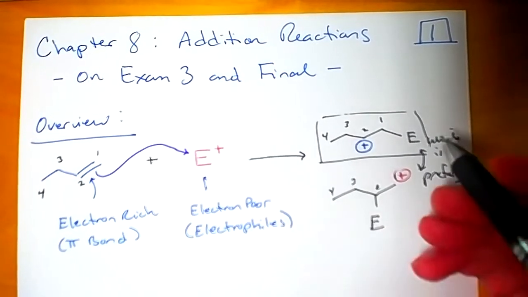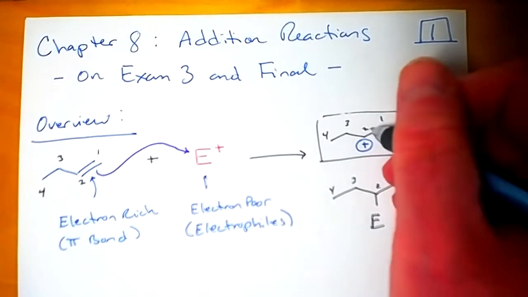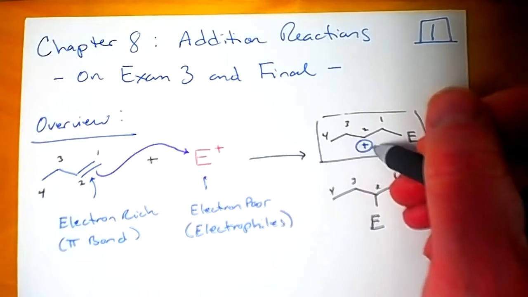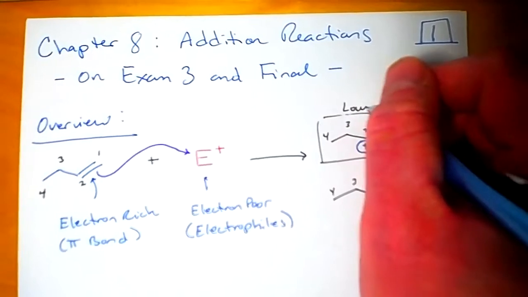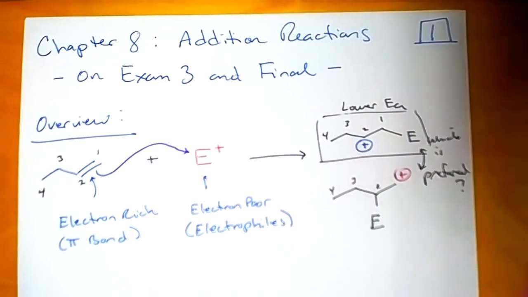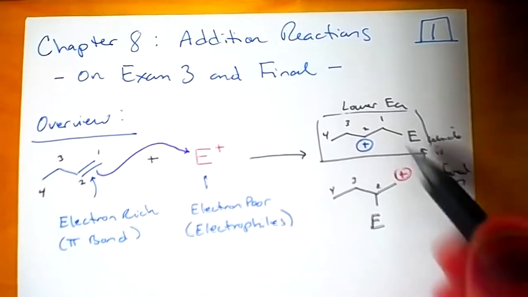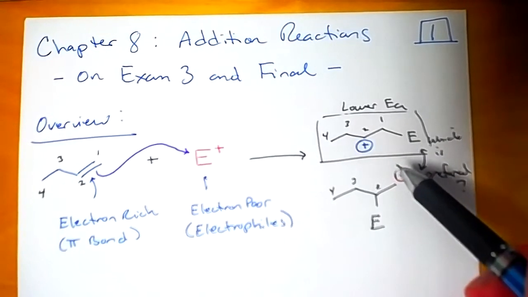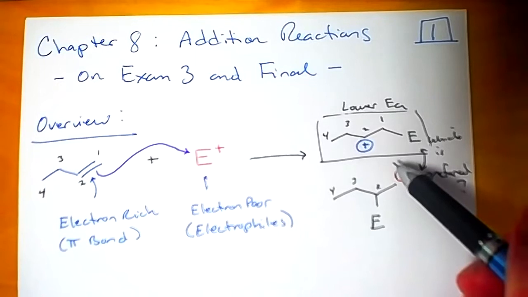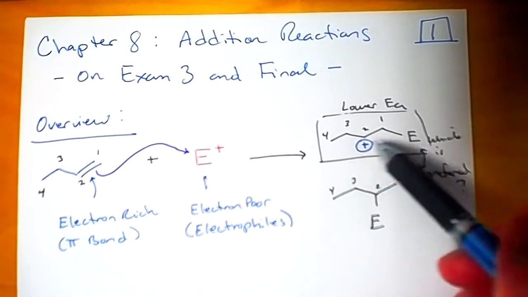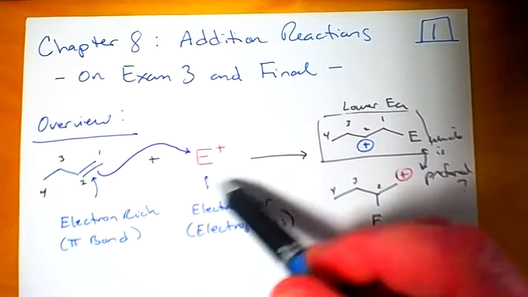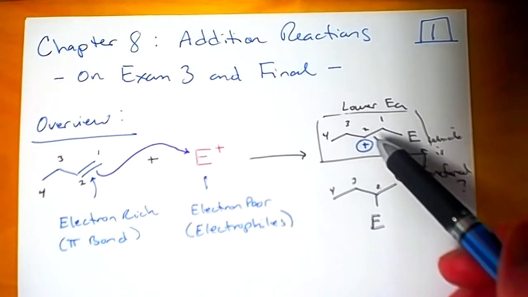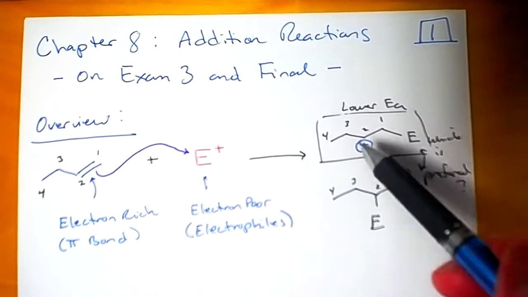The reason why is because your carbocation is more substituted, so it has a lower energy of activation that it travels through via the Hammond postulate. Whatever the intermediate energy is, that's what the transition state is going to most closely mirror. And so that means that this will be predominantly the species that is formed.